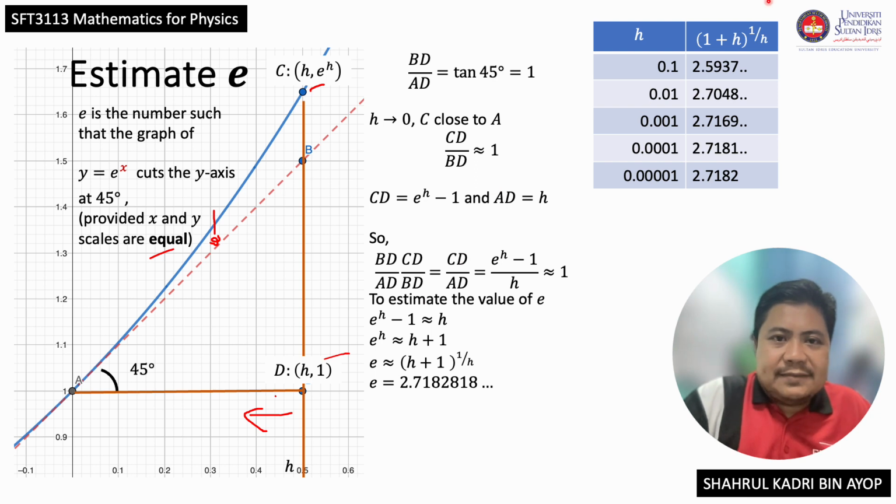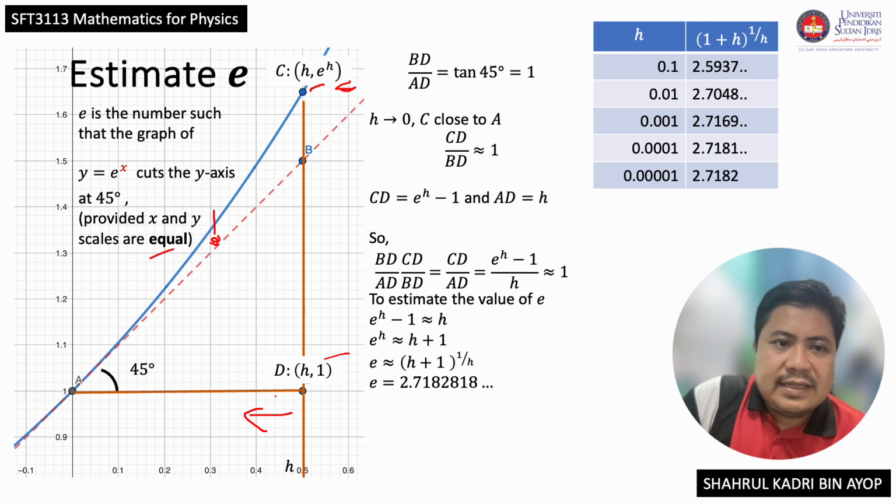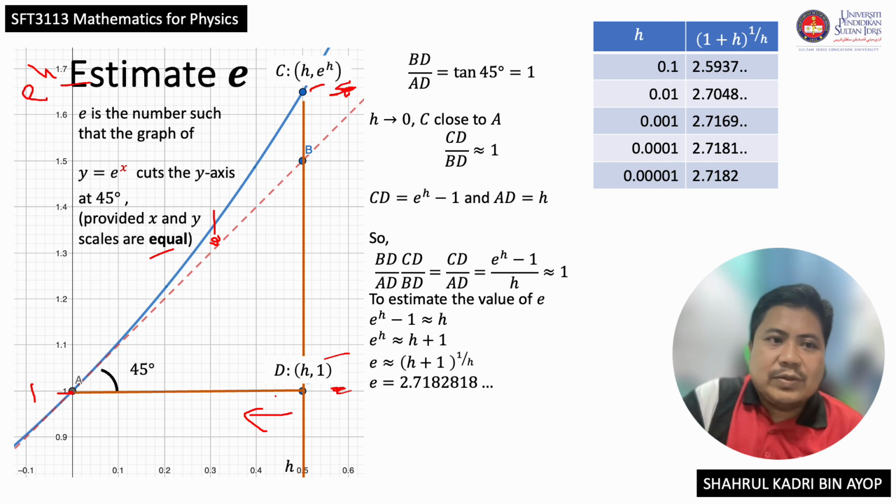Now we know that CD is from here to here. This is e to the power h, and this is 1. So the value of CD is e to the power h minus 1, since e to the power h is measured from 0.